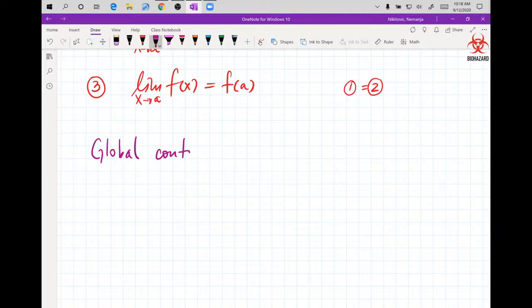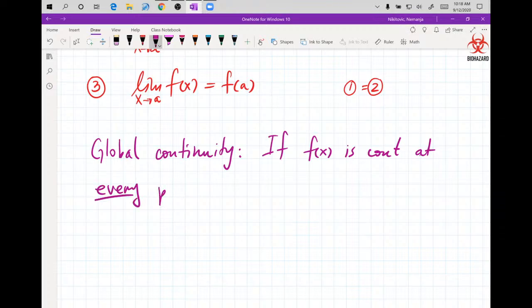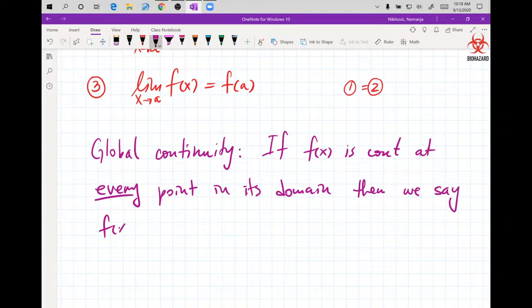Global continuity: if f of x is continuous at every point in its domain, then we say f of x is globally continuous.